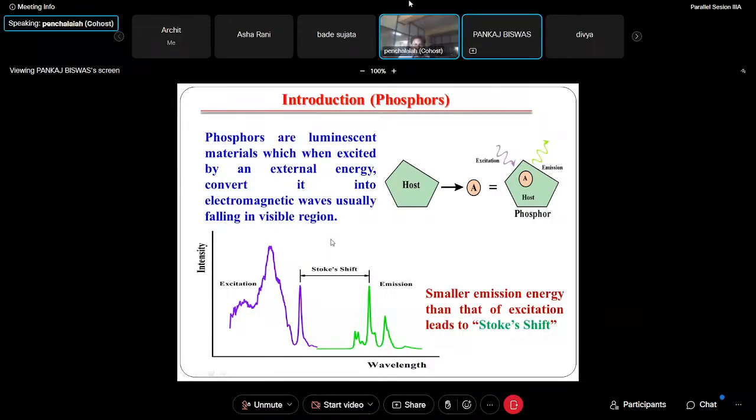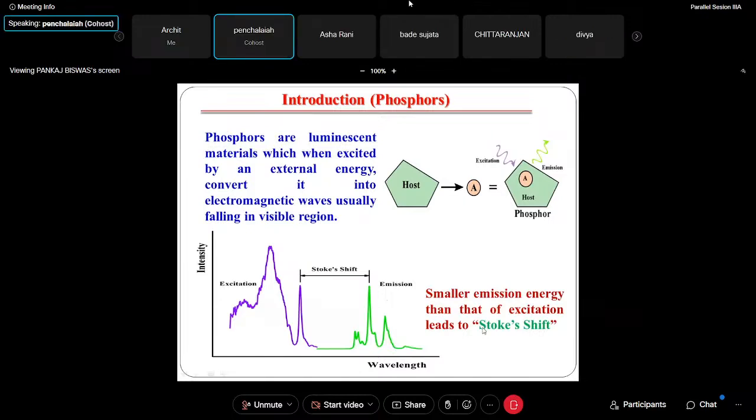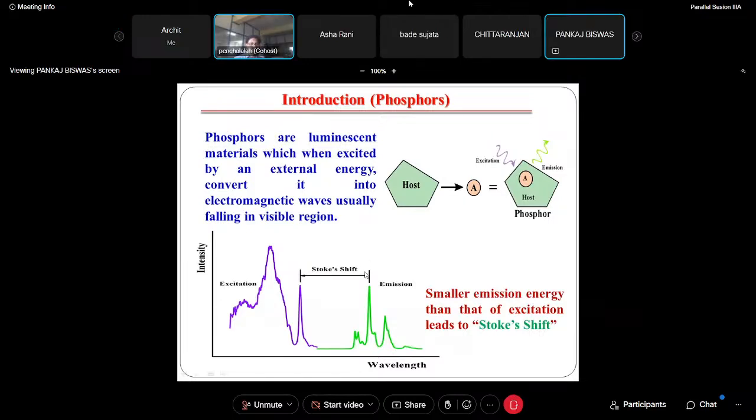There is the Stokes shift, which is usually seen in these materials. The excitation energy is usually in the UV range, and the emission takes place in the visible range, which is of higher wavelength. The reverse may also occur, when excited by higher wavelength and the emission comes in the visible region.